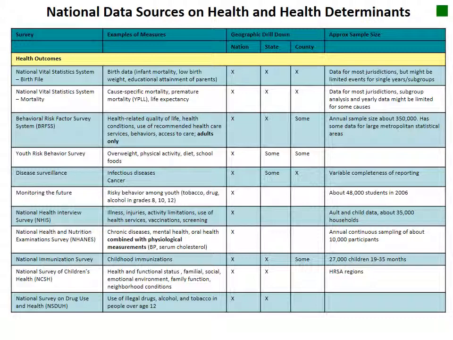What's different with the NHANES is that it looks at chronic diseases, mental health, oral health, but it combines physiological measurements. So there's a diagnostic component to this survey, which gives it that extra layer of validity in a sense. So measurements of blood pressure for hypertension, measurements of serum cholesterol for example, hyperlipidemia.